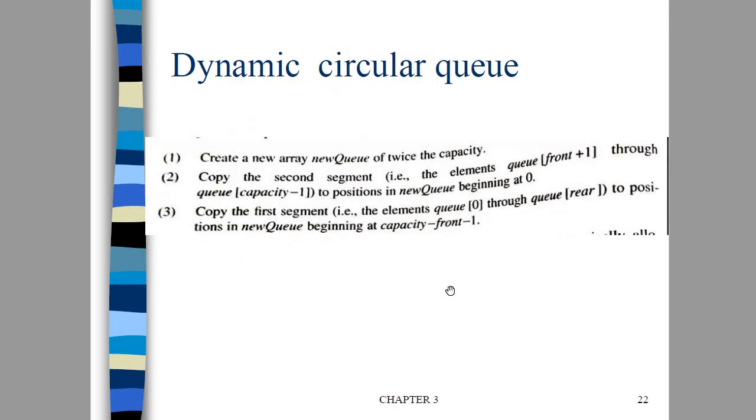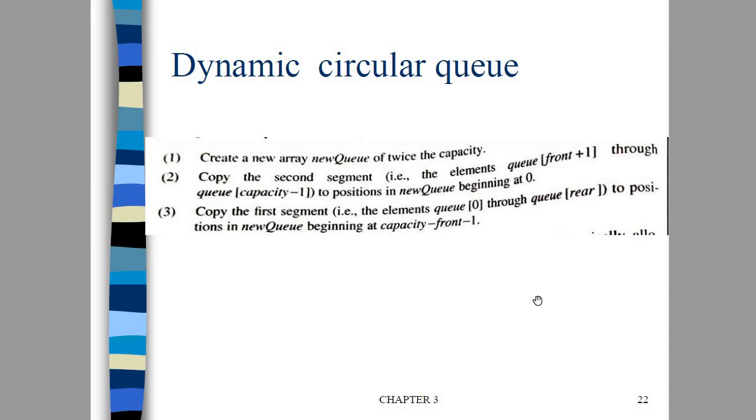The next one is the dynamic circular queue. In the dynamic circular queue, initially we'll allocate the array for the queue using dynamic memory allocation.